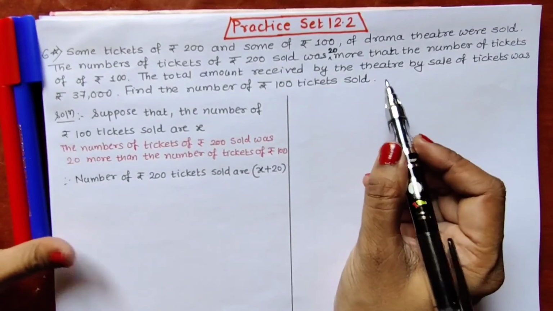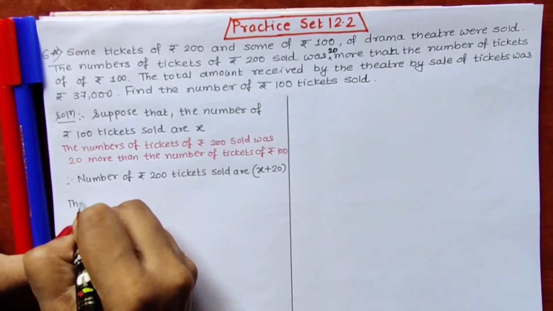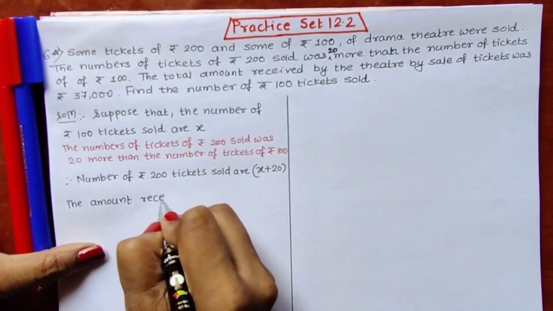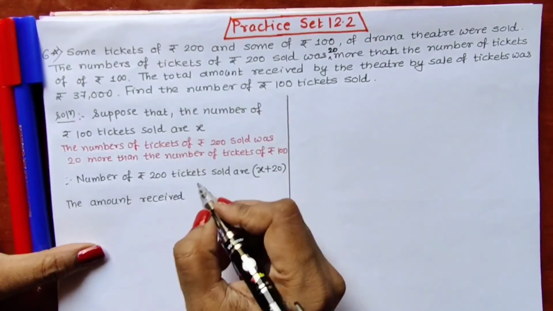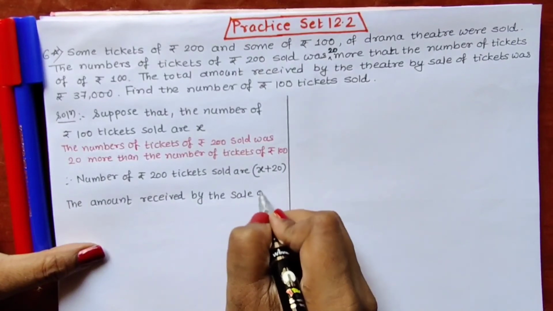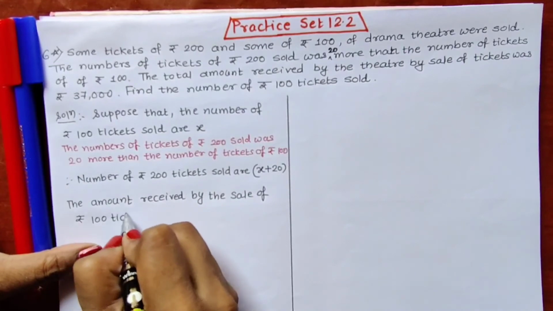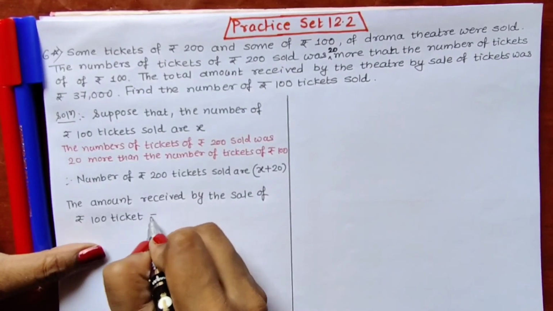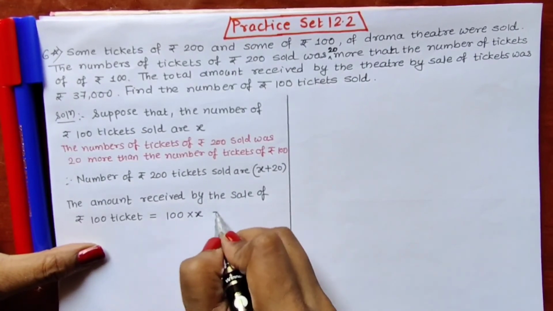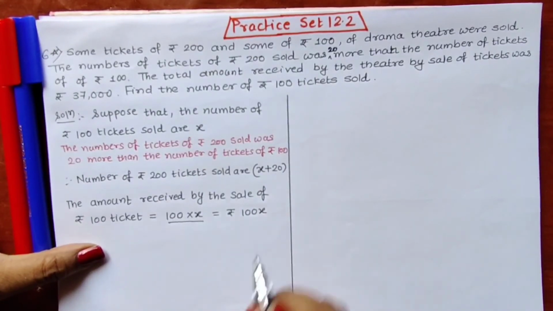So let us write the amount received by the sale of rupees 100 tickets. It will be 100 multiplied by X, so it is rupees 100x.